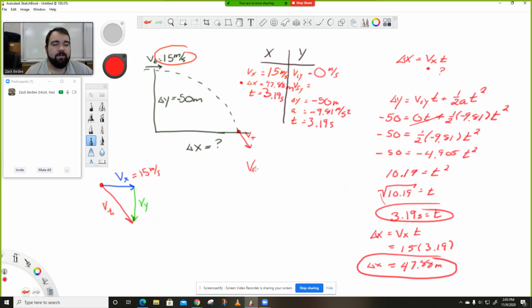So what equation can we use to figure out that one? We can use Vfy equals Viy plus at. That is the simplest way to do this. We've already figured out time. We can be fairly confident in our answer for time, so we can go ahead and find Vfy with it. So Vfy equals 0 plus negative 9.81 t. Plug in our 3.19 for the time.